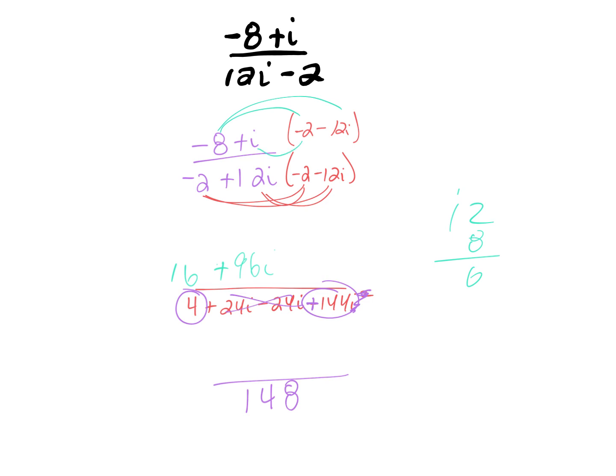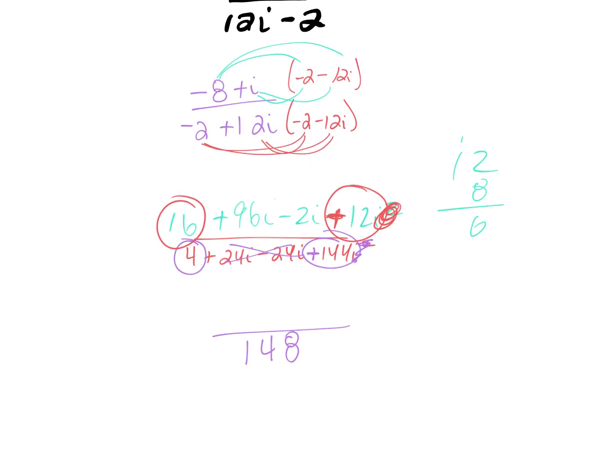Then I have i times -2, so minus 2i. And then i times -12i is -12i squared. I see i squared, so I cross it off, and I'm going to put a plus sign right there. So real with real, what's 16 plus 12? 28.